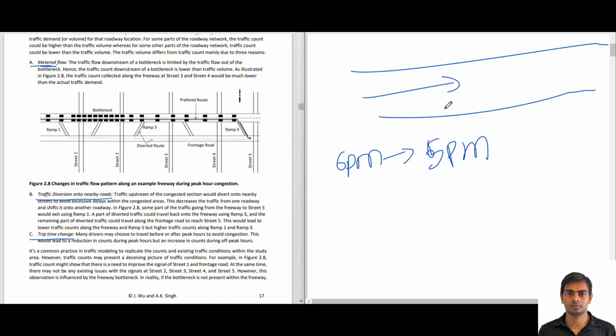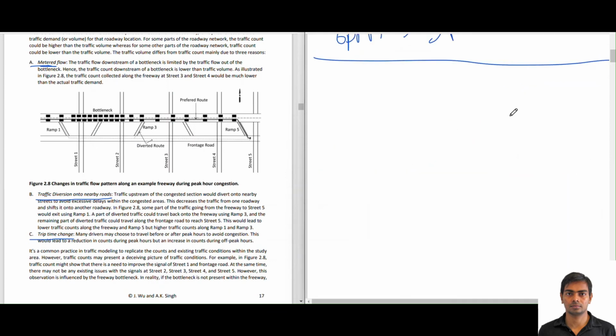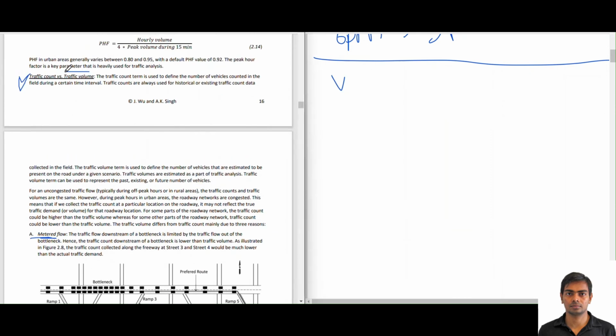So when we are working on traffic simulations, we should be modeling our system such that it handles the traffic volume or demand. Traffic volume here is equivalent to traffic demand. Ideally we should be looking at traffic volume, and traffic count is one of the ways to reach traffic volume.